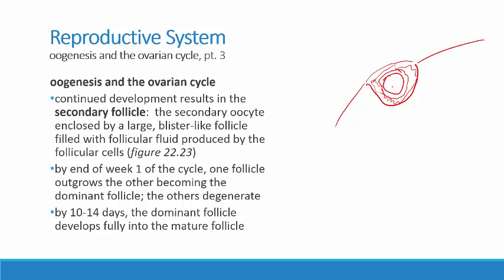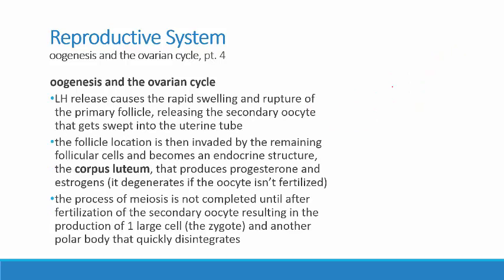So as we were saying, at the end of about week 1 of the menstrual cycle, one of the follicles outgrows the others and becomes the dominant follicle, and the others degenerate. So by 10 to 14 days, this dominant follicle is fully developed into a mature follicle, and it's ready for ovulation.